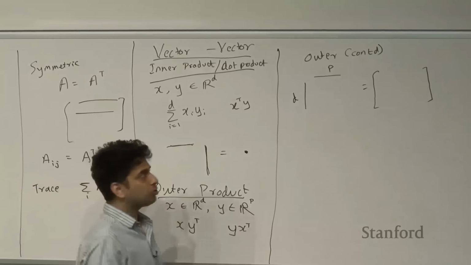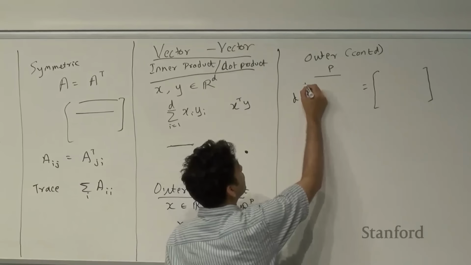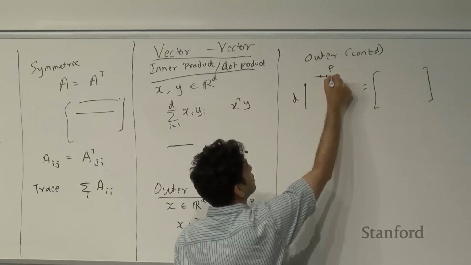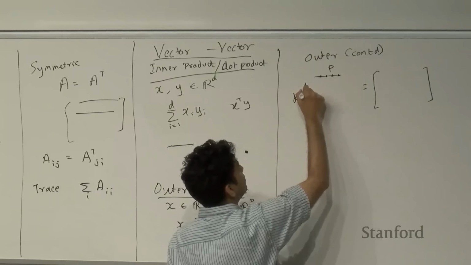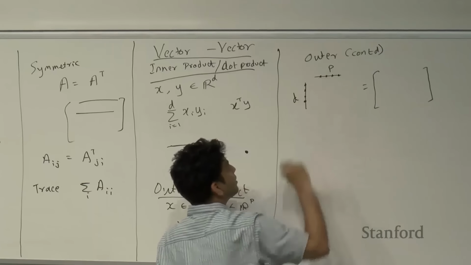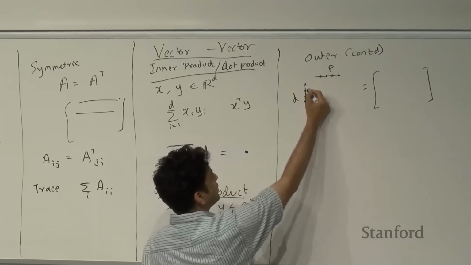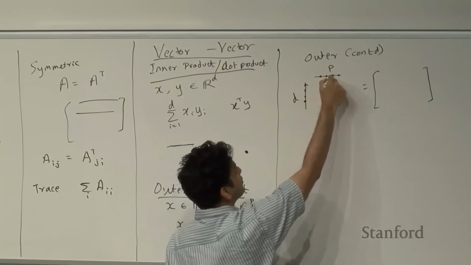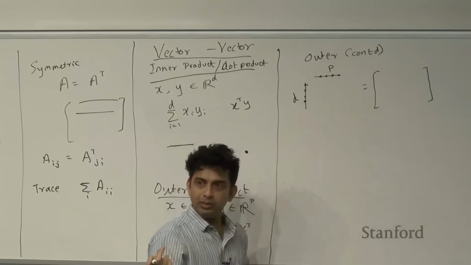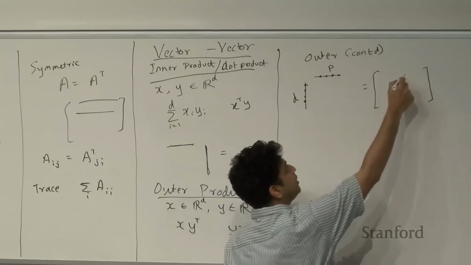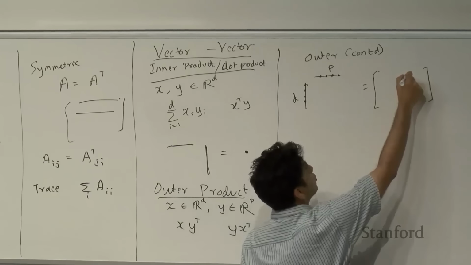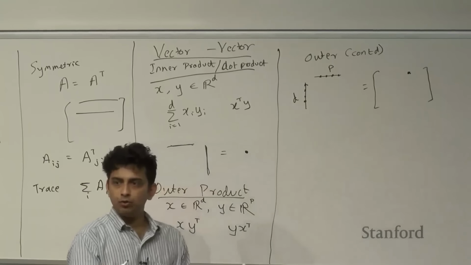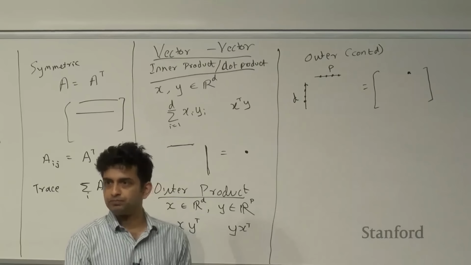But with an outer product, you take each and every possible pair of elements from the row vector and the column vector. For example, take the first element from the column vector and say the third element from the row vector, multiply those two elements, and that becomes the first row, third column cell of this matrix. So you take two vectors and construct a matrix out of them.